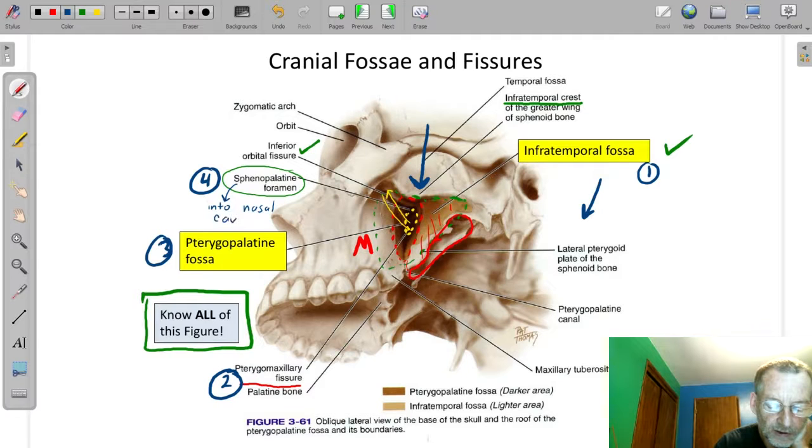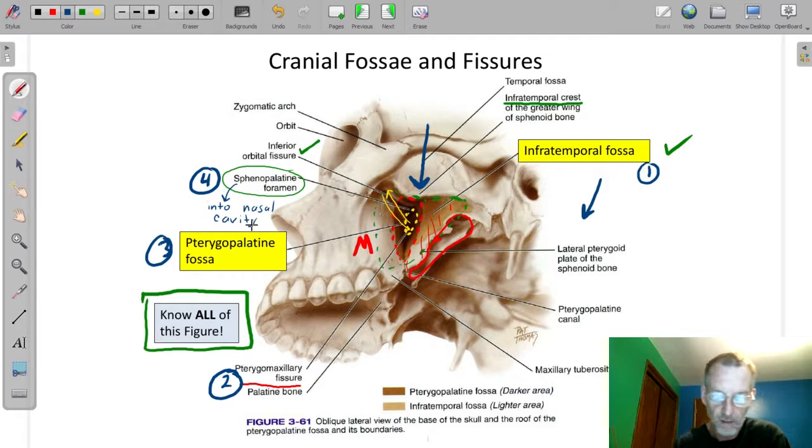Now, of course, there is going to be a nerve and an artery that pass through that sphenopalatine foramen later. So again, I'm just introducing you to these features with regard to opening and cranial nerve branches.